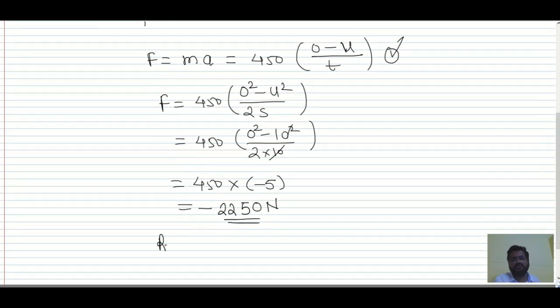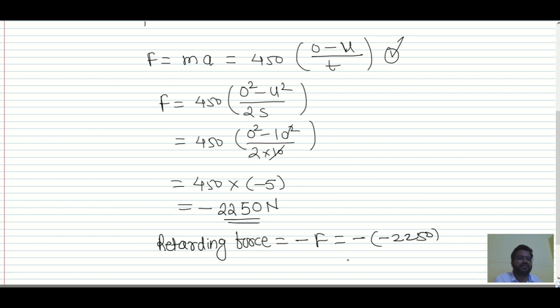So the retarding force is equal to the negative of the given force, the negative of negative 2250, which is 2250 Newton. So I hope this is clear.